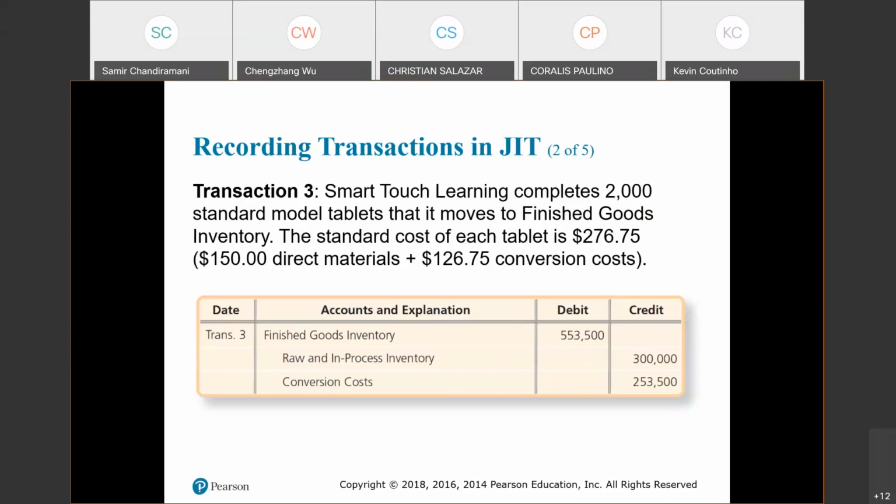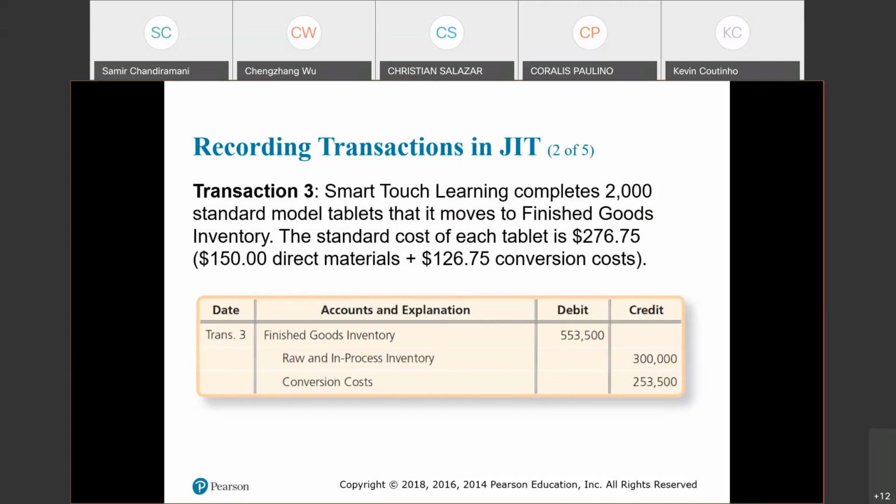There is no separate WIP inventory account in JIT costing. So the Smart Touch Learning company should credit the following accounts. The first one is the raw and in-process inventory account.